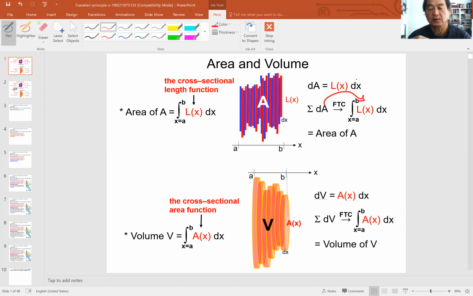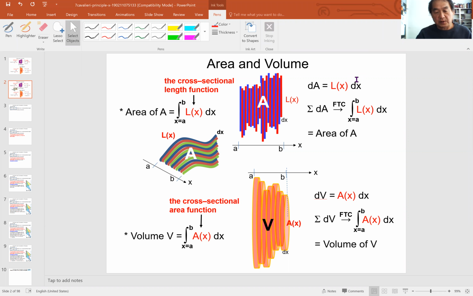The area of each thin strip is, in this case, the cross-sectional length times the width dx. In the pictures, they are all straight, but in reality this measurement doesn't have to be straight.